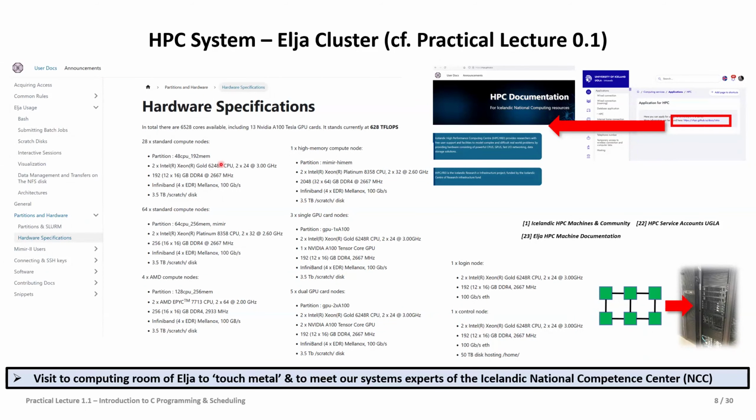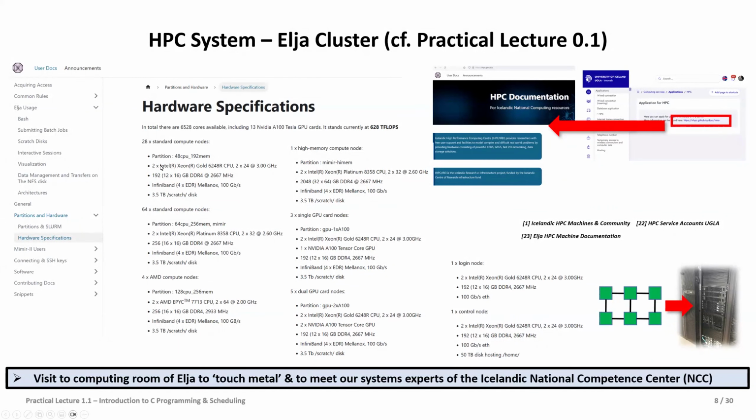You see here, for instance, the partition names that you can use in so-called job scripts to really address them, and they have their dedicated features. One of them is a high memory partition, showing that the memory here is quite large compared to other nodes, where the memory is not so large.